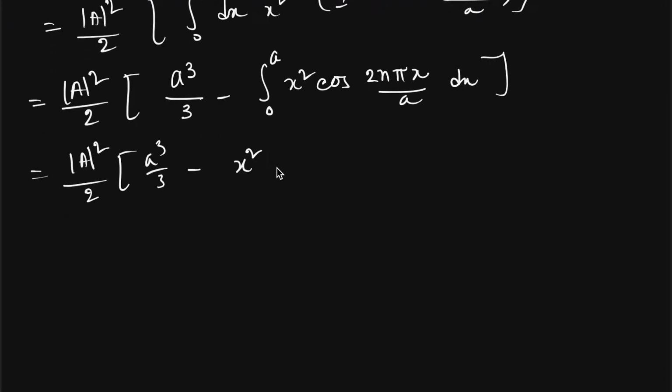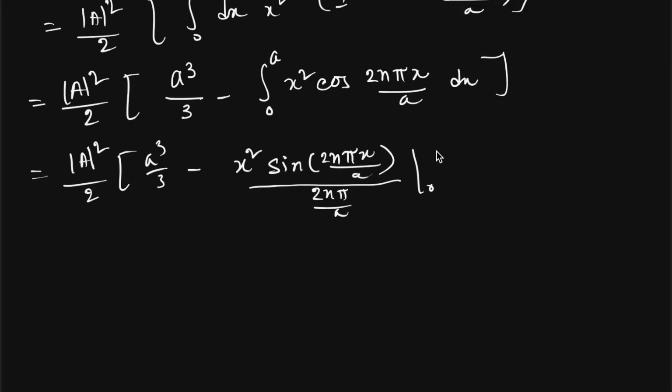x² sine (2nπx/a) divided by (2nπ/a), which is actually 0 at a, this is 0, and at 0 this is 0, so this will be 0, and there will be plus the integral from 0 to a.